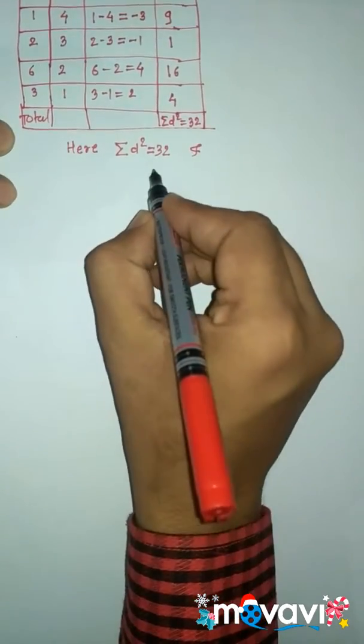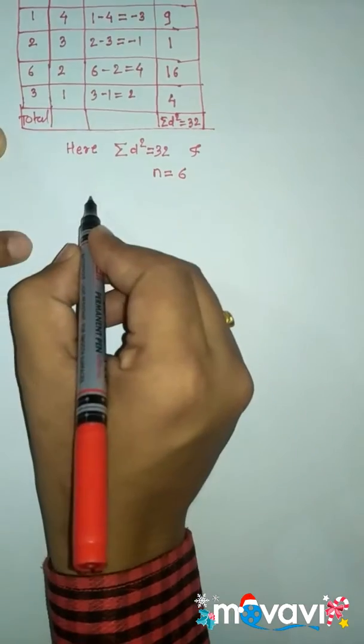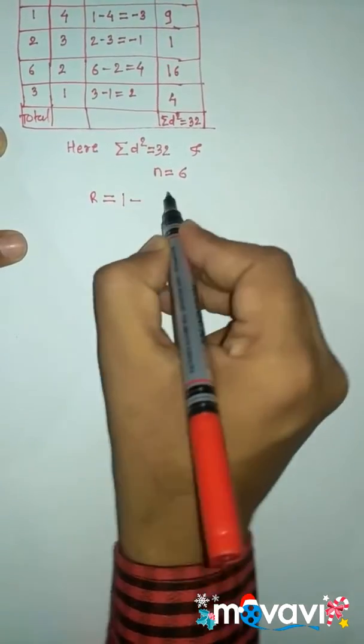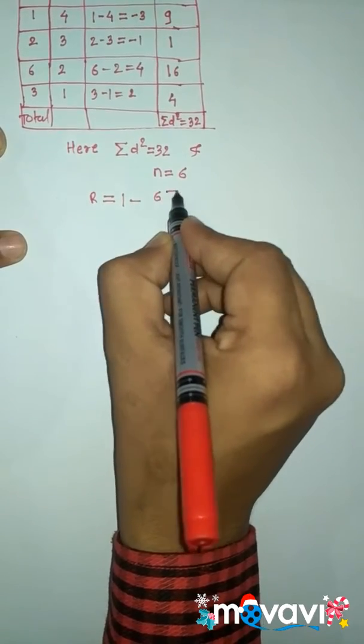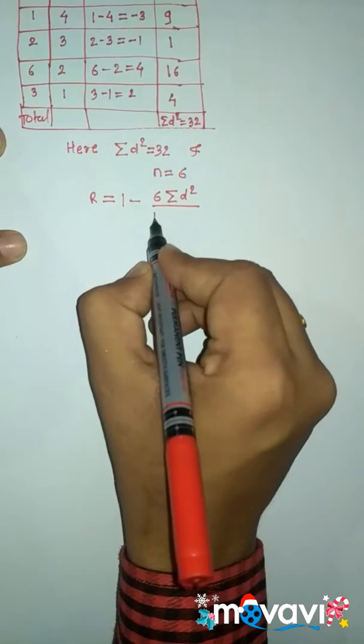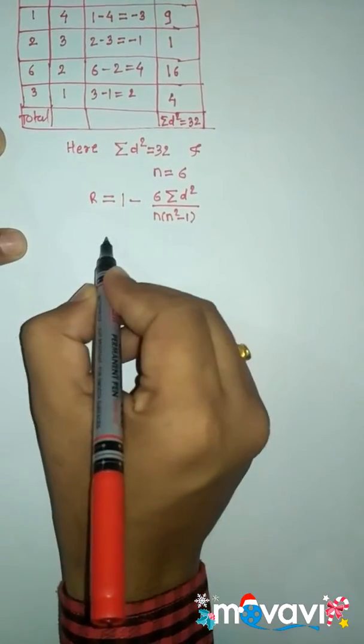So 6 pairs of observations are given, so the value of n is 6. So we use the formula R is equal to 1 minus 6 summation d square upon n into n square minus 1. So this is our formula.